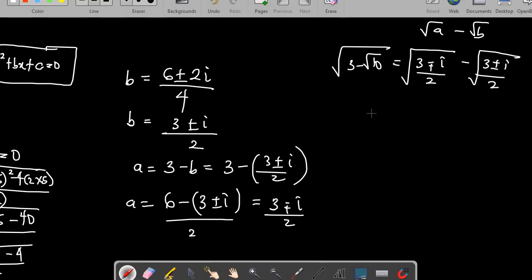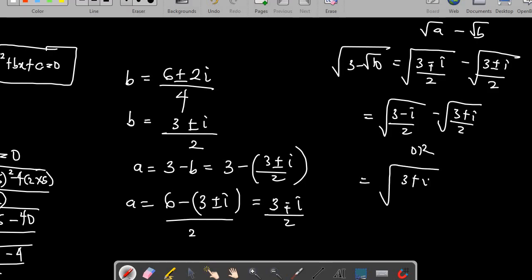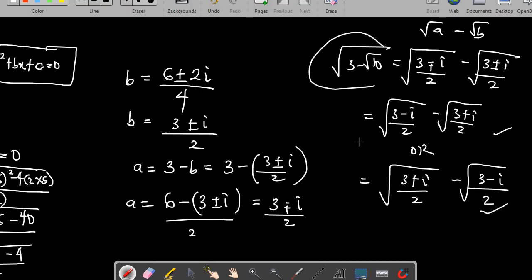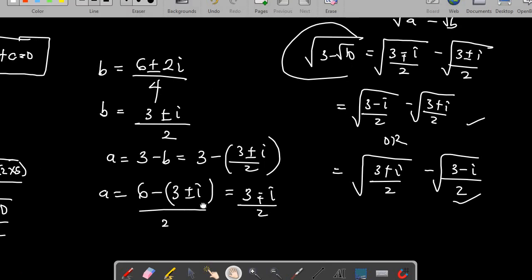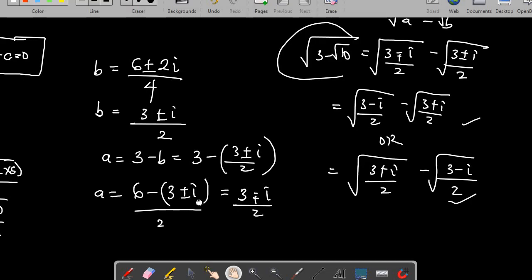And what this is implying is that you have two solutions, which is either root of (3 minus i over 2) minus root of (3 plus i over 2), or your solution is root of (3 plus i over 2) minus the square root of (3 minus i over 2). Either one of these is the square root of this surd. So this is advanced level mathematics, not the regular one you might come across in your high school.